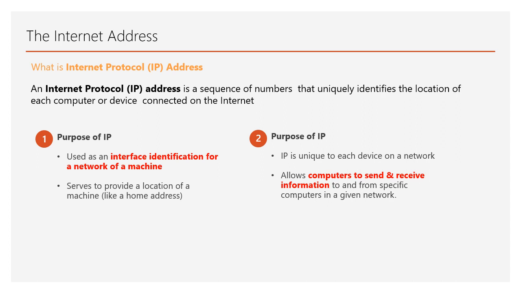Now, what is the purpose of IP address? Why do we need an address for each device on the network? Most importantly, IP address is used as interface identification for a network of a machine, which serves to provide a location of a machine, like a home address.